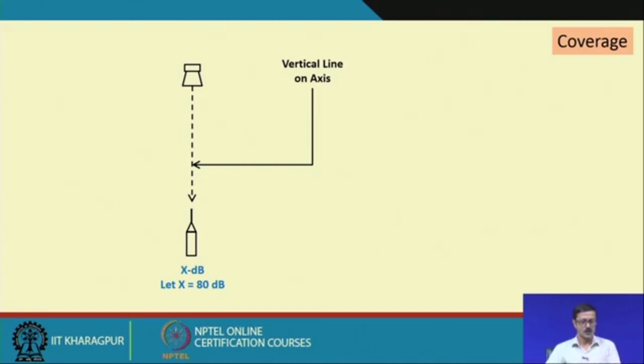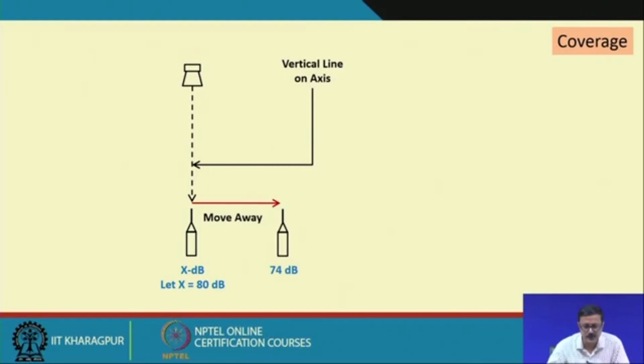Now if I move the dB meter to the left or the right side, I will definitely record some change in the reading, and the reading will be less than 80 dB. Let us move it further away, and suppose at this particular point the record is 74 dB.